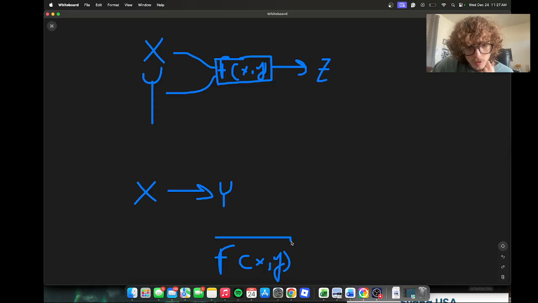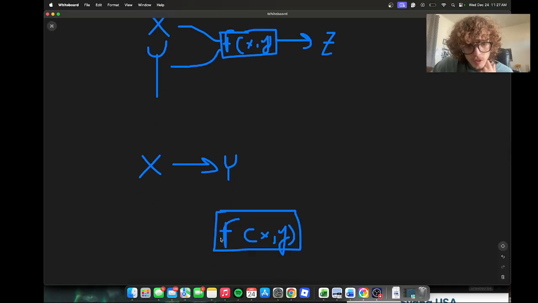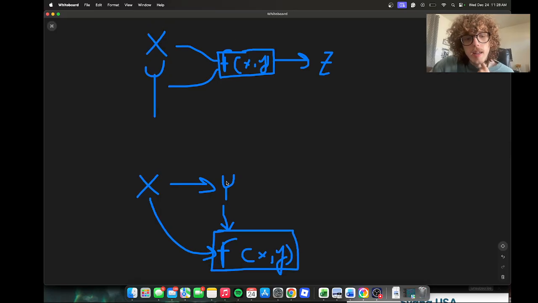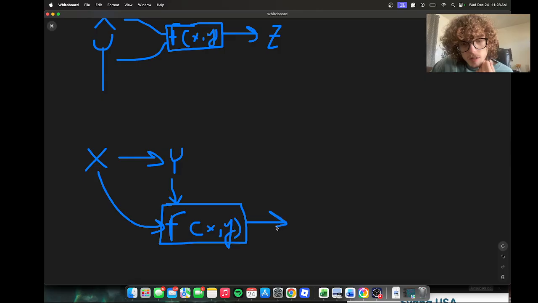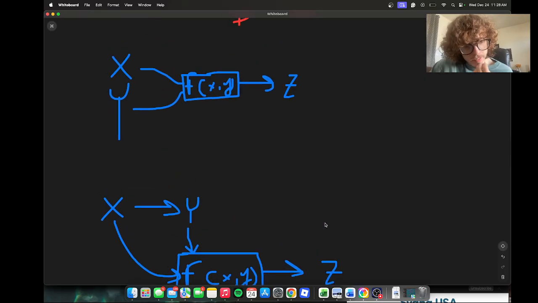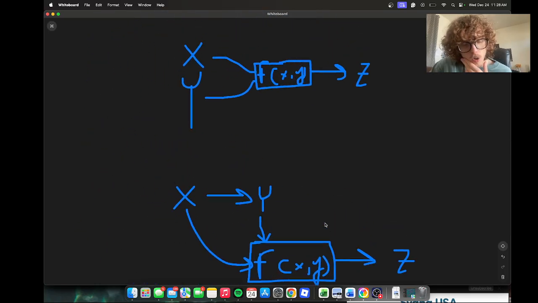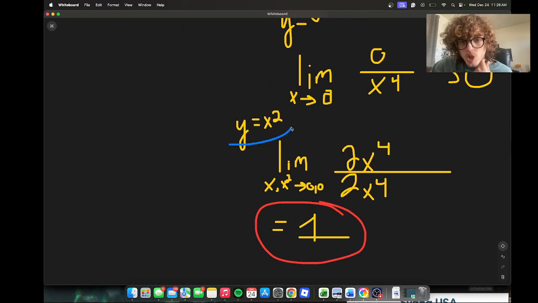So here's our little function box, right? The little machine. We plug in both an x and a y, right? But y is dependent upon x's value, and then we get out a z. So we're just changing it a little bit, but the process is the same. Okay, that's all we're doing here with this change, right? We're just saying that y depends on x now, and you're actually allowed to do that.